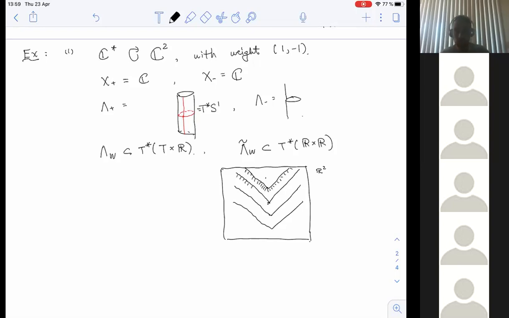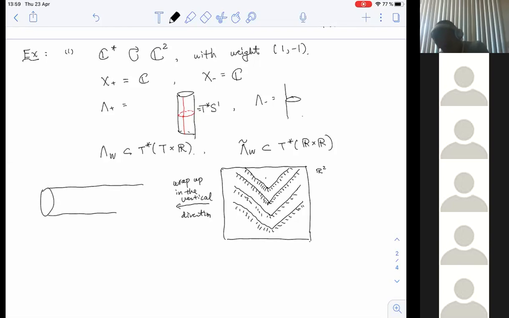I will indicate using the hairs what the conormal directions are. So it's something like this. Okay. So when you wrap up in the vertical direction, you end up with a cylinder, and you have something like this.